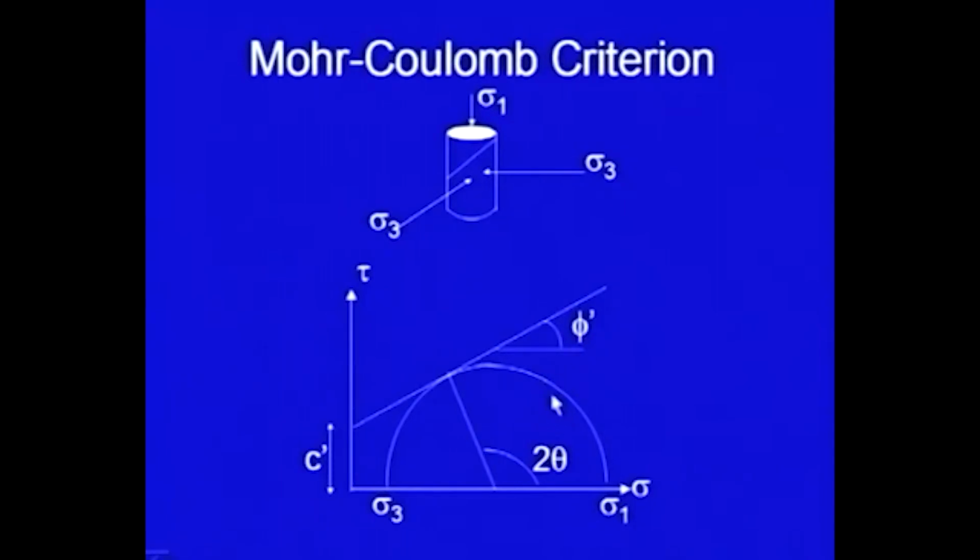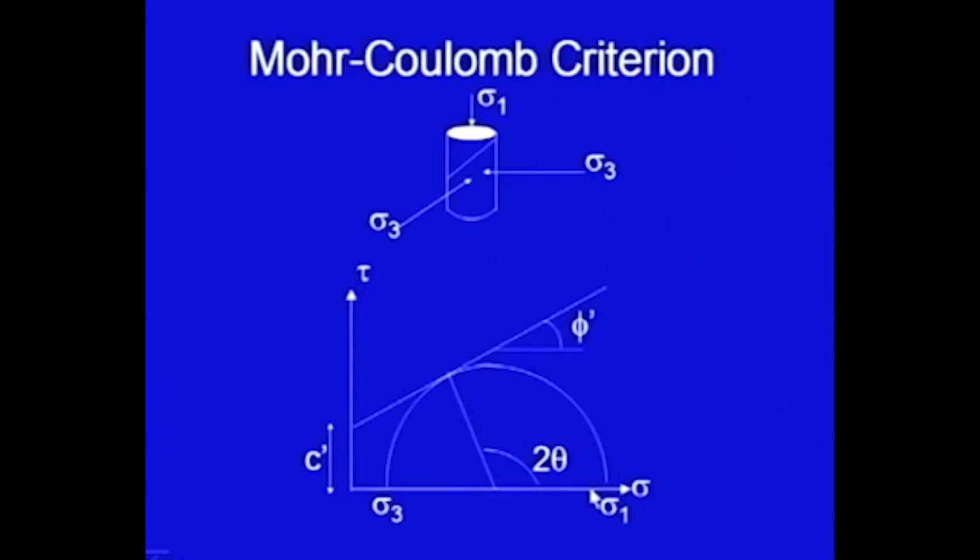If you recall the Mohr circle theory, if I draw the Mohr circle for this condition, sigma 3 is here, and this is the circle which is representing this stress state. So, this point represents sigma 1. This point will represent the plane on which sigma 1 is acting, so the horizontal plane.